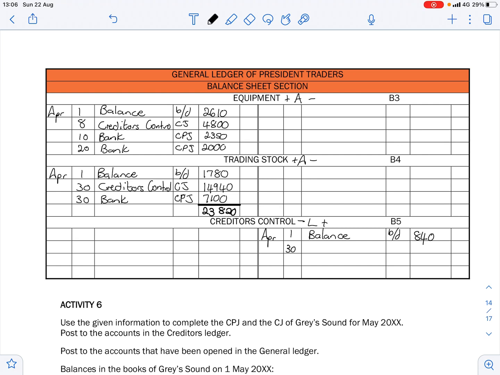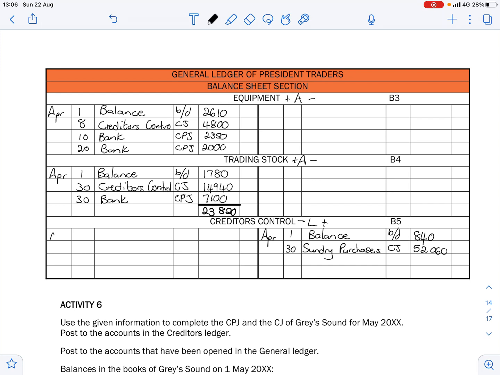We can't use the contra account called creditors control, but because we've purchased a number of things on credit, we use the detail sundry purchases. We get that from the CJ, your creditors journal, and this was 52,060 Rand, so all of our credit purchases. So our liability has increased.